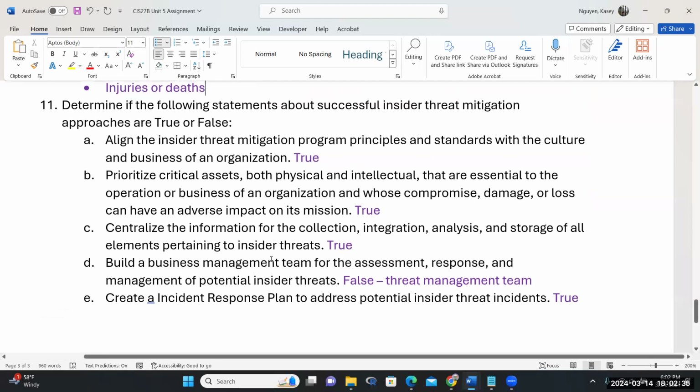Then for D, build a business management team for assessment and response to potential insider threats, and this is false. It's a threat management team. When you become an analyst in cybersecurity, you are part of that threat management team.